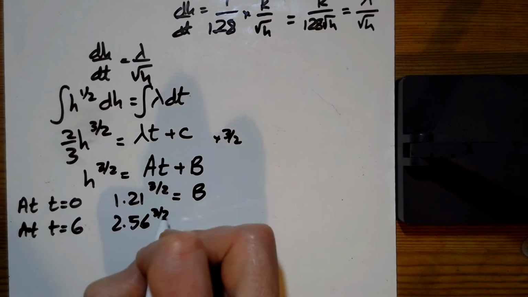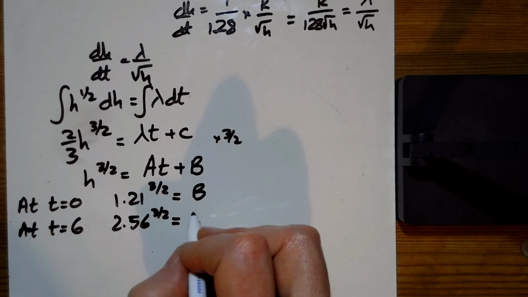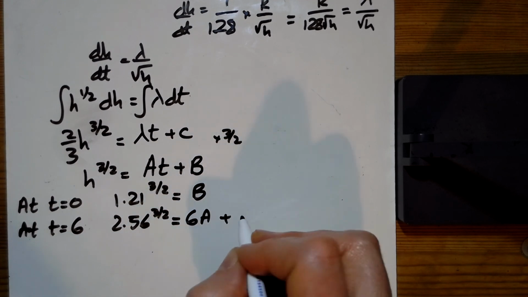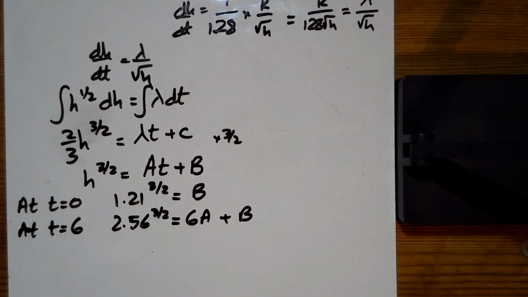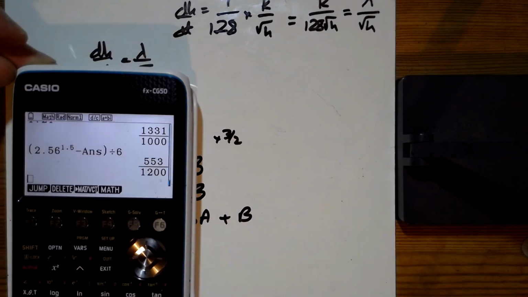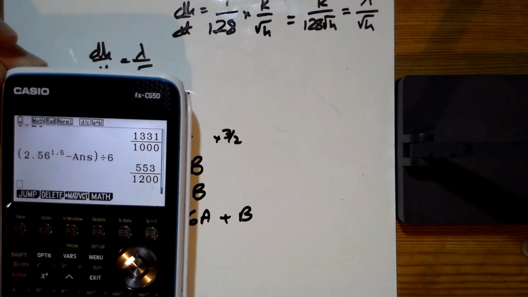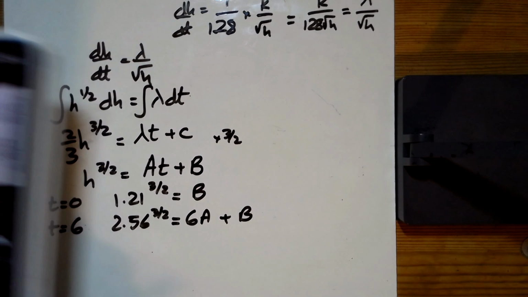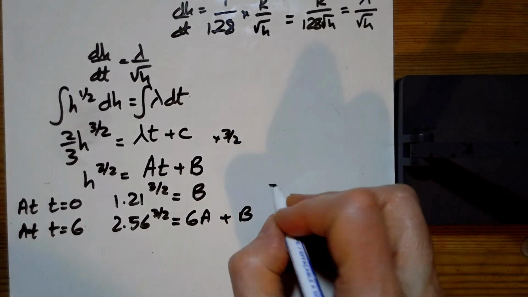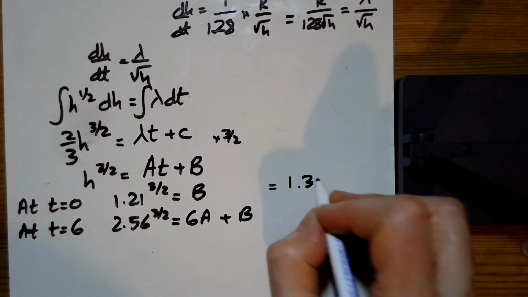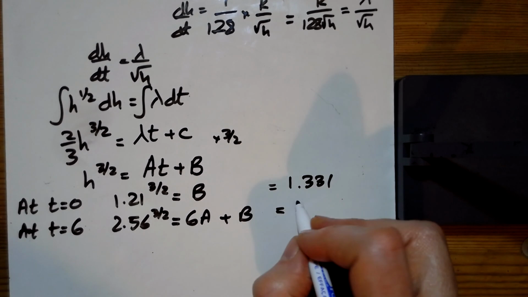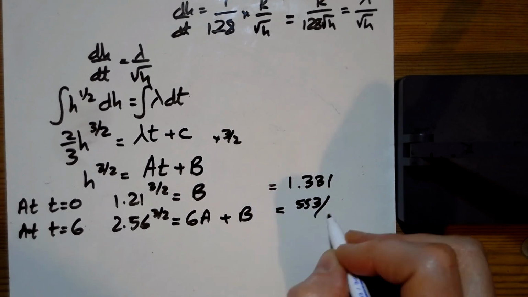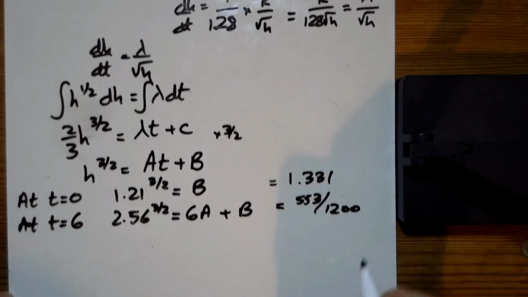So 2.56 to the 3 over 2 equals 6A plus the B value that I'm just about to work out there. Just grab my calculator. I've literally just tapped those into the calculator here, and I've got 553 over 1200 for A and 1.331 for B, and I'm going to leave that as a fraction.